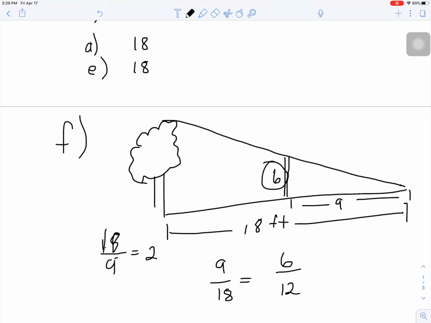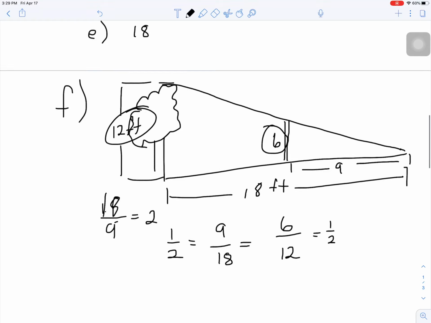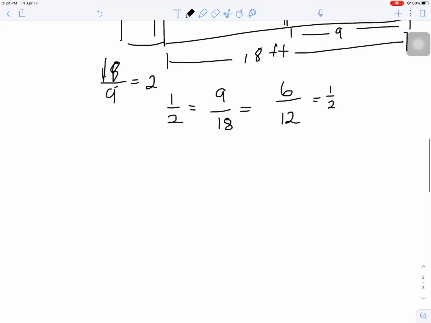Right? And that would tell you right away, because it's a double scale factor, that you'd have 6 over 12. So both of those fractions actually equal the same thing. So your answer is that this height over here is 12 feet. Hopefully that made sense. Let's move on to G. Try this one on your own first and see if you've got the concept.